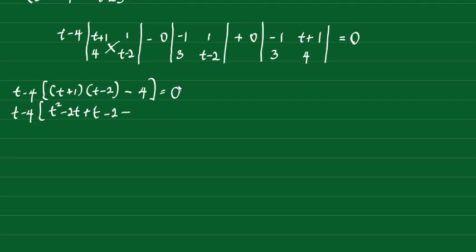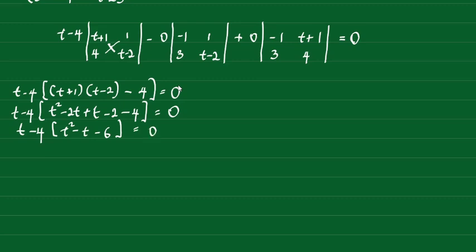We bring down our minus 4, bracket close, all equal to 0. We solve further, we have t minus 4, bracket open, t squared. Now minus 2t plus t gives us minus t. Now minus 2 minus 4 gives us minus 6, bracket close, all equal to 0.